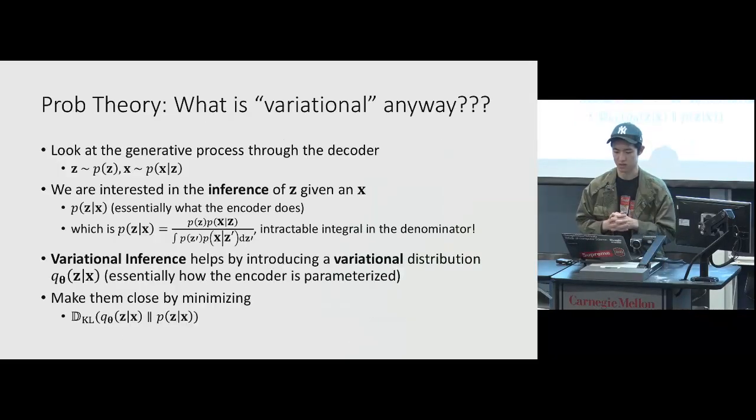So let's consider this from a probabilistic theory point of view: what is the variational? Variational is just a fancy word for the variational method from functional analysis, which basically does optimization on the function space. But essentially, we have parameters for the function.